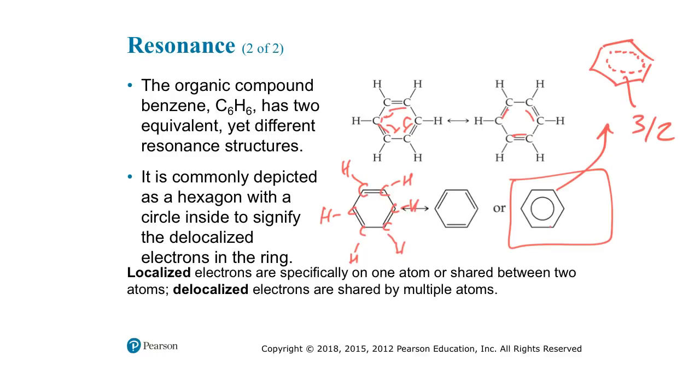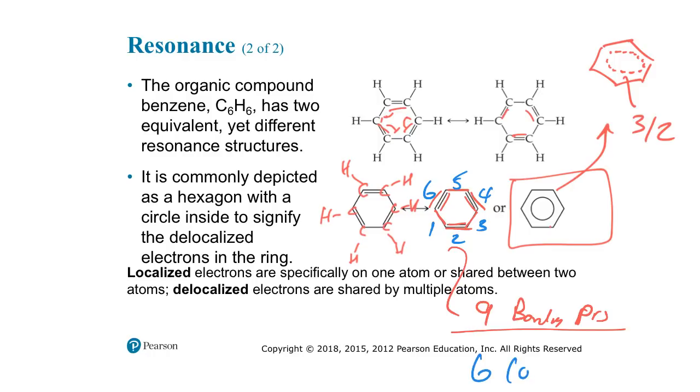So you have a total of 1, 2, 3, 4, 5, 6, 7, 8, 9 bonding pairs of electrons that are being distributed across the 1, 2, 3, 4, 5, 6 covalent bonds. So that's how you get your bond order of 3/2.